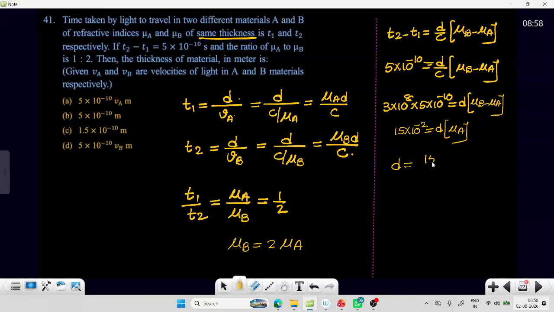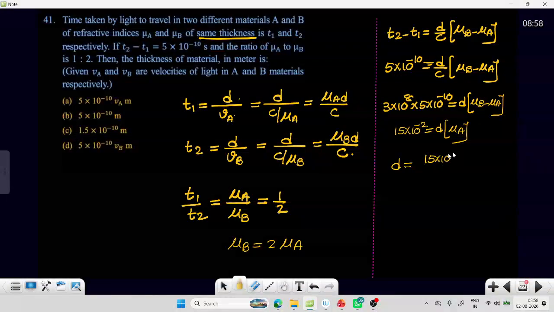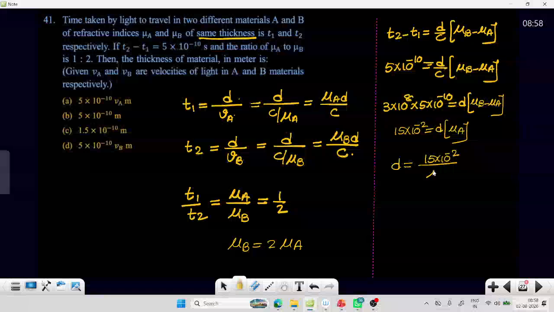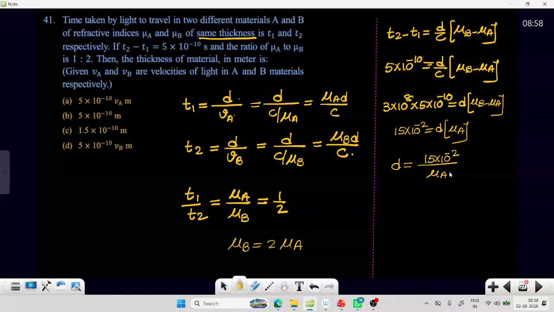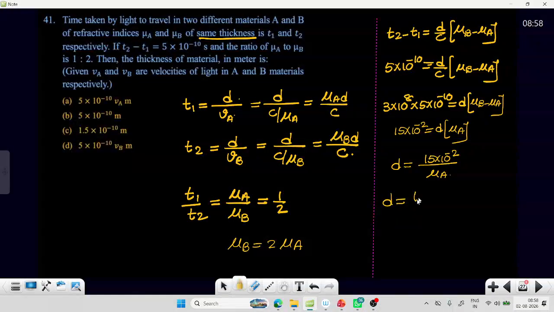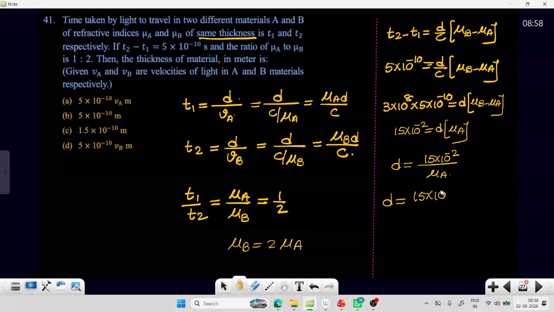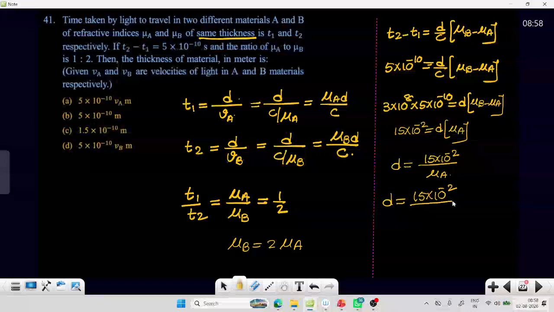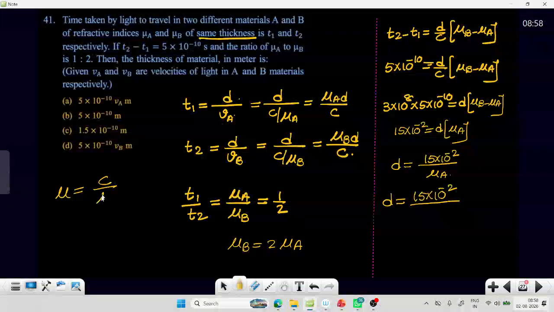So this is 15 into 10 power minus 2 by mu A. And they ask to find D only. And mu A, how can we write this mu A value? It is C by velocity.